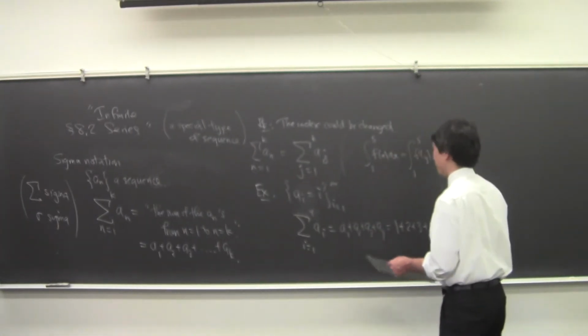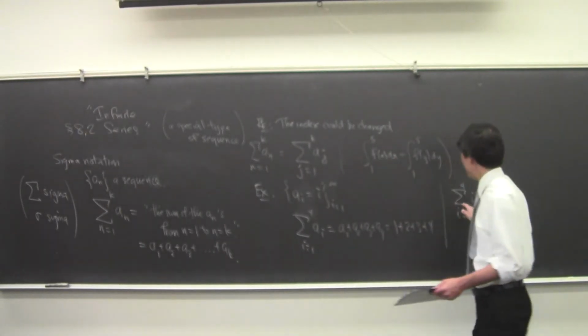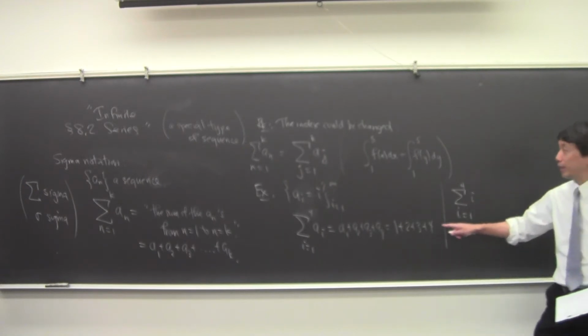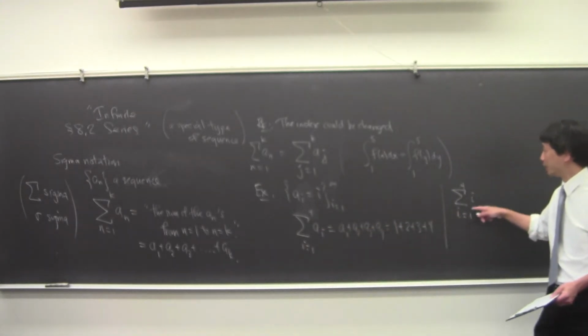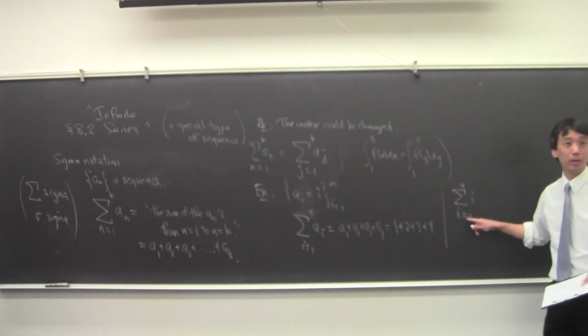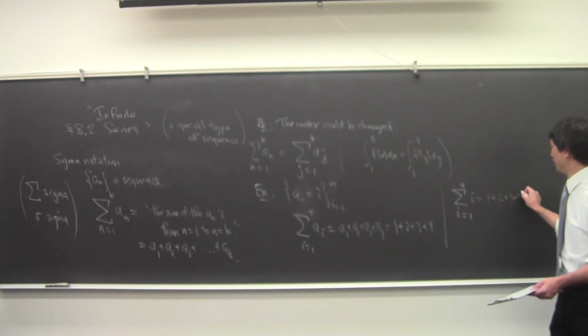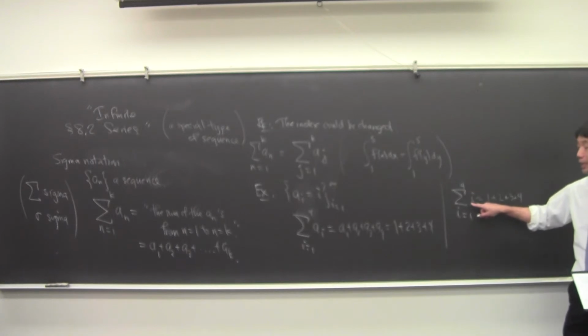I should say that often, just for shorthand, we'll write it like this: summation of i from i equals 1 to 4. Instead of writing a sub i equals i and writing summation a sub i, you could write summation of i from i equals 1 to 4. That's the same thing as 1 plus 2 plus 3 plus 4, because if you write this i here, this is the element of your sequence.